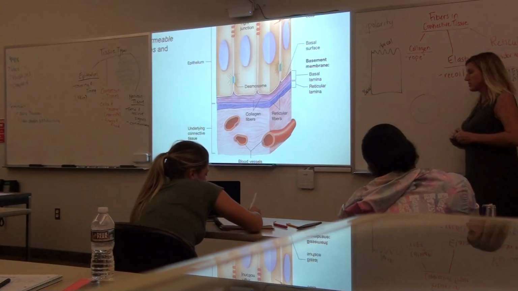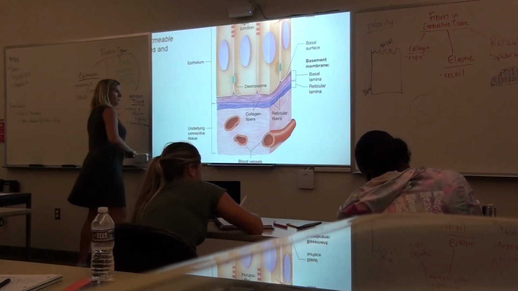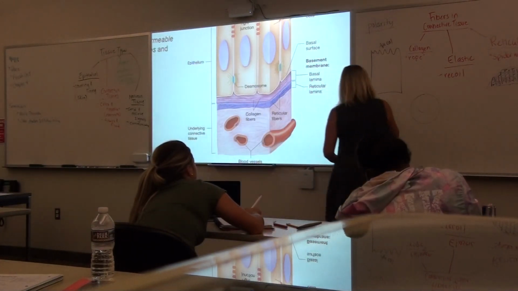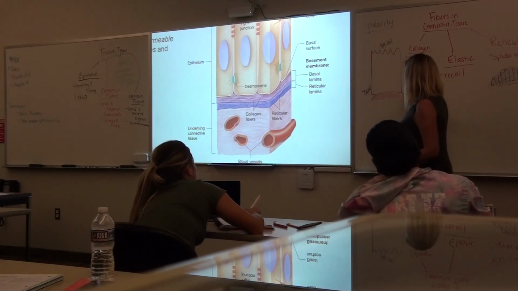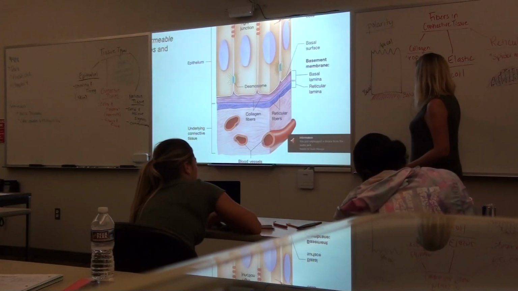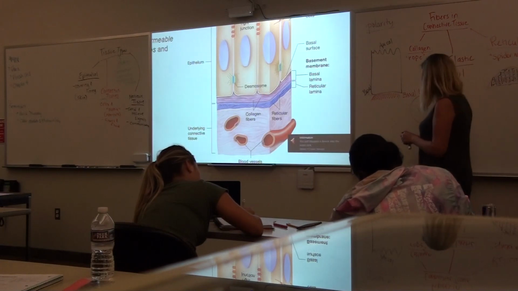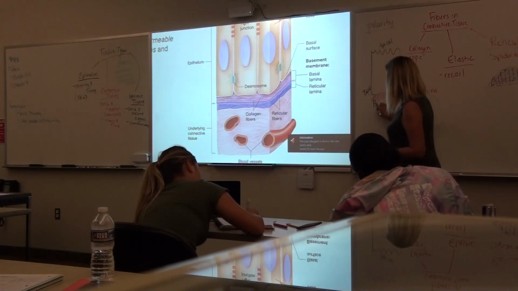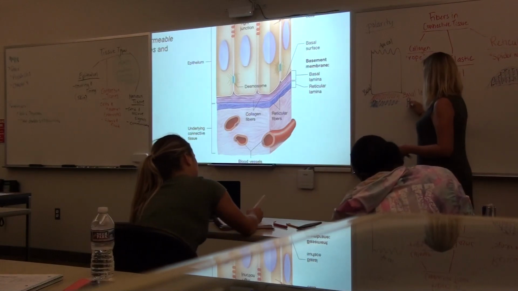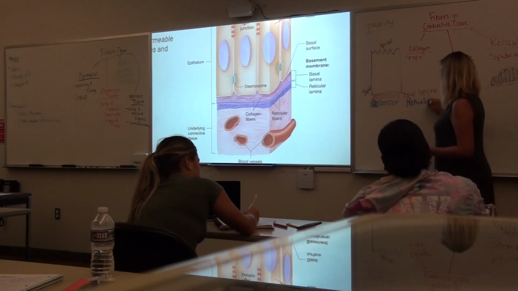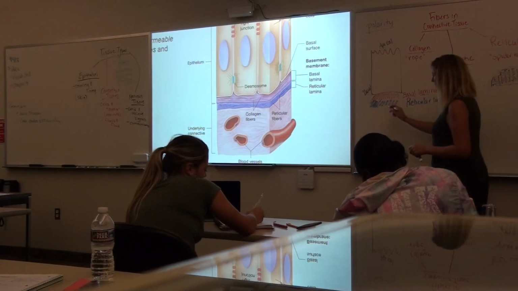And below the basal surface is our basement membrane, which actually has two layers to it. A basement membrane has something called a basal lamina, and a reticular layer. This whole thing makes up the basement membrane.